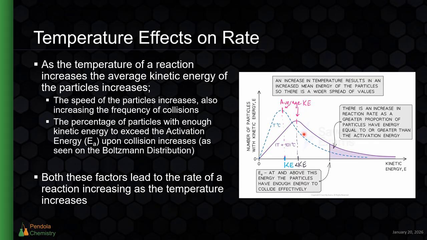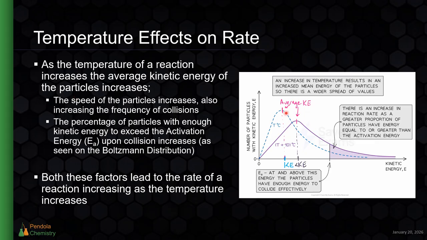But that actually changes more than just the average kinetic energy. The speed of the particles is based on their kinetic energy. That's what kinetic energy is. It's the energy of motion. So when we have a higher temperature, the average kinetic energy rises, which means that the average speed of the molecules also rises, which is going to increase the frequency of collisions.